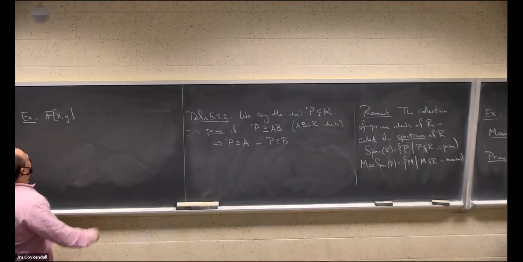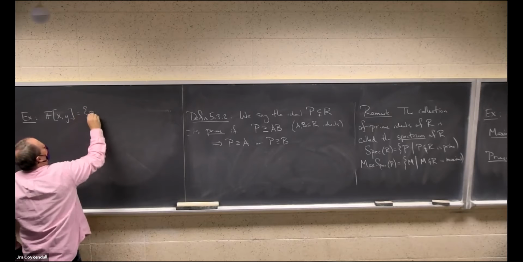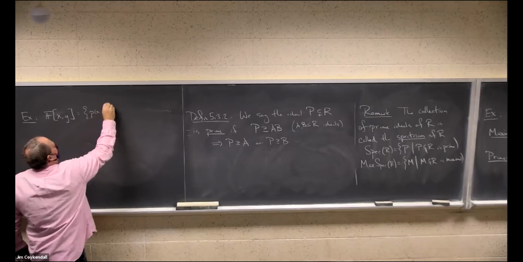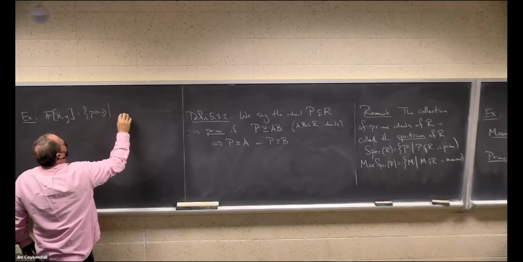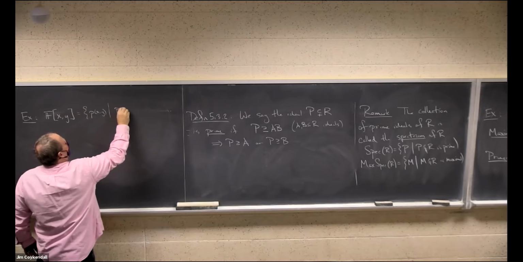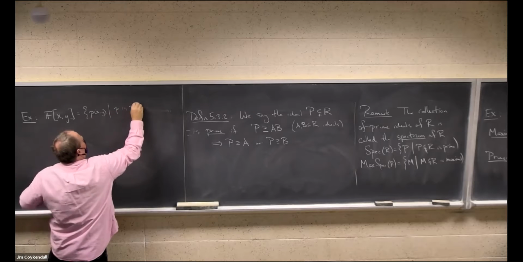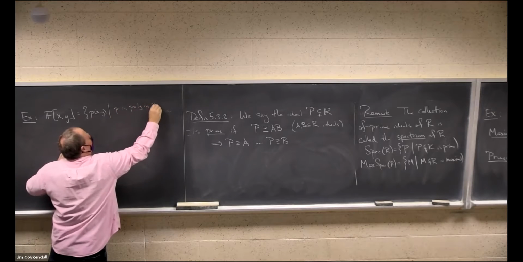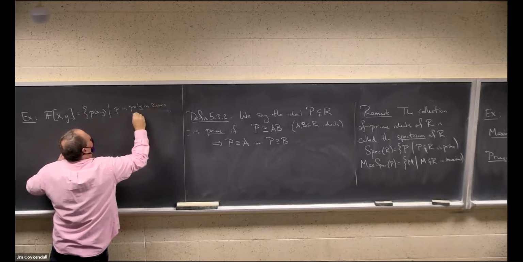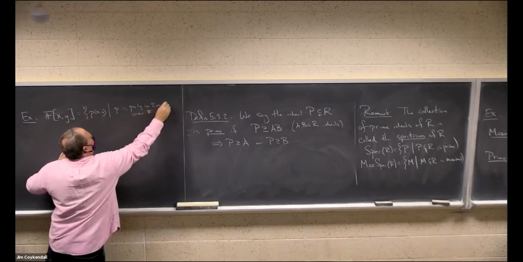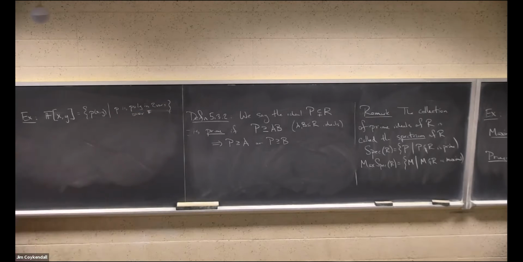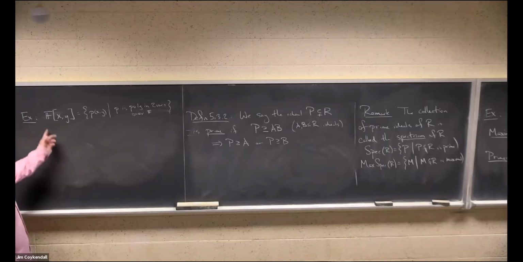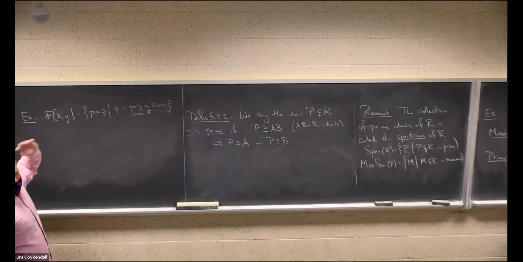This is the set of polynomials in two variables over the field F. Now you can pretend this is the reals, if you're comfortable with it. So it's every polynomial that has real coefficients in two variables, right?